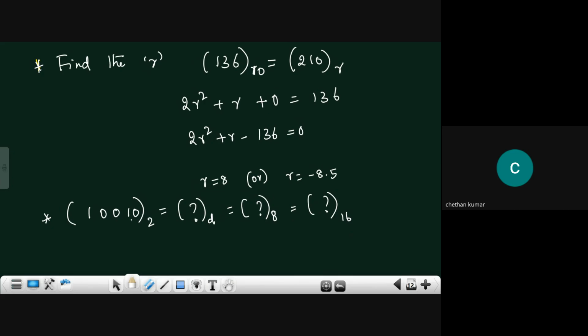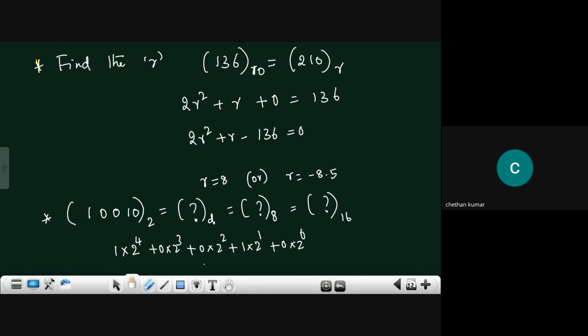How to convert a binary number to octal? Let me copy the same question here. I'll just write it. So this I can write as 1 into 2 power 4 plus 0 into 2 power 3 plus 0 into 2 power 2 plus 1 into 2 power 1 plus 0 into 2 power 0.